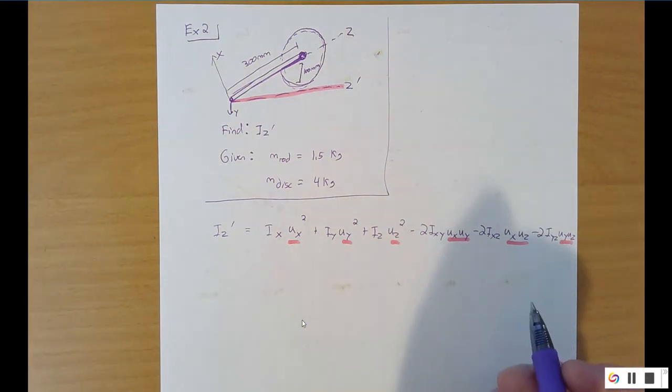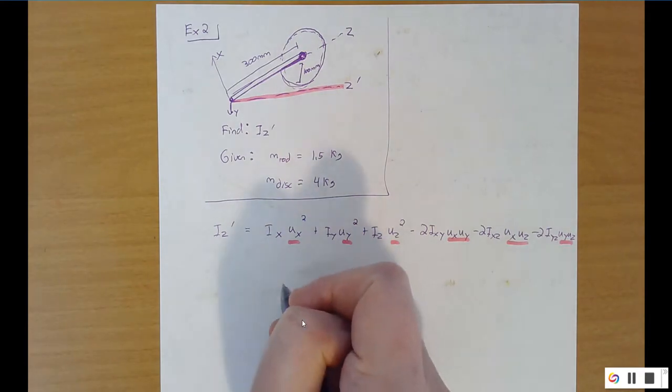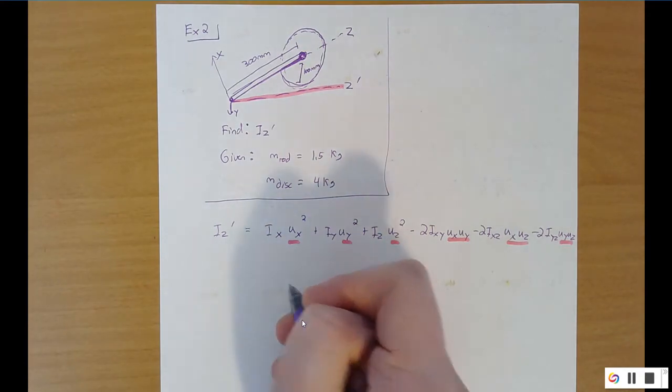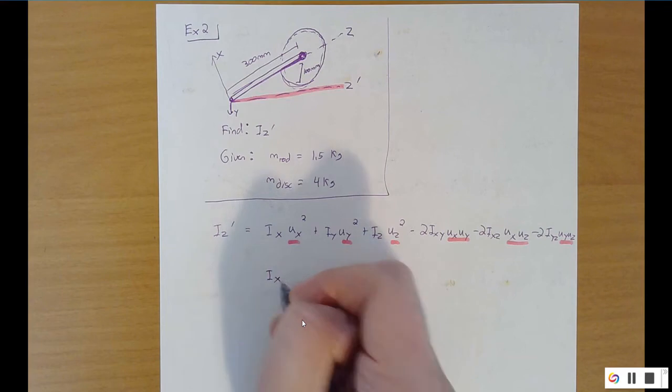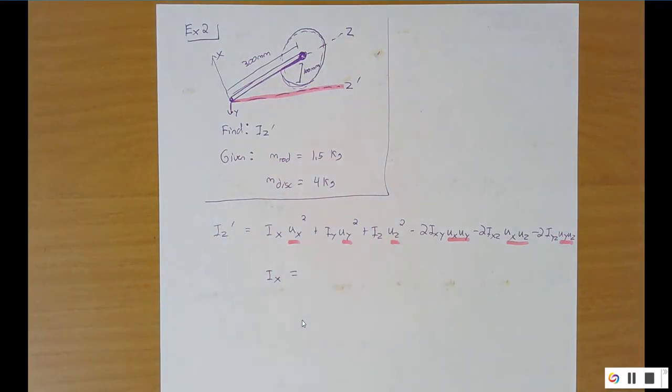So let's start out by finding Ix. So Ix is the mass moment of inertia of this thing. So I'm going to kind of draw like a side view over here.